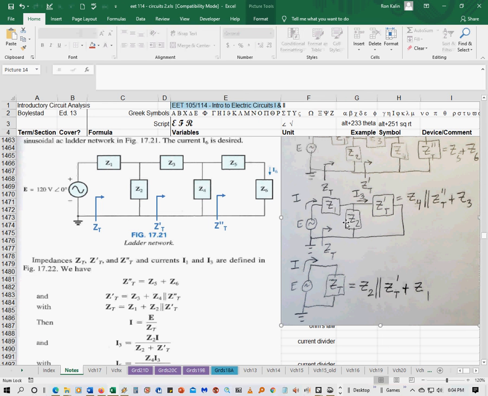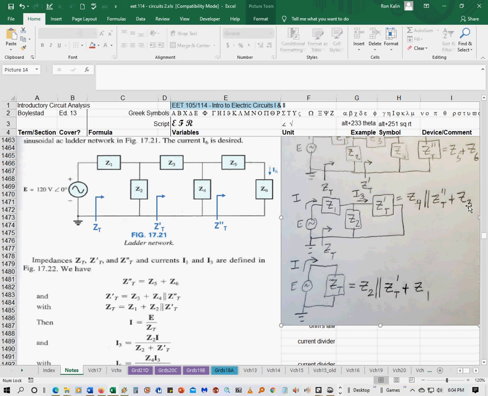And then the next step, they again did 2 steps in 1 step. Z2 and Z prime T are in parallel. So they did that step with these two in parallel, and then you add. Oh, this is a mistake.